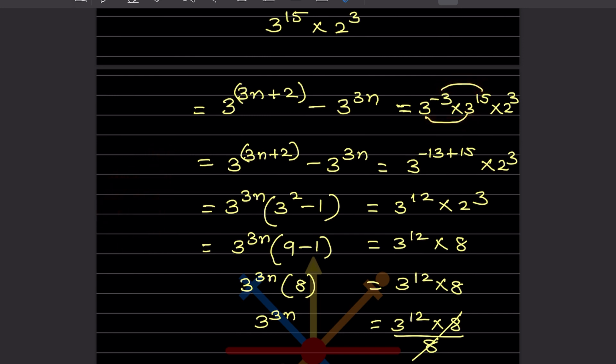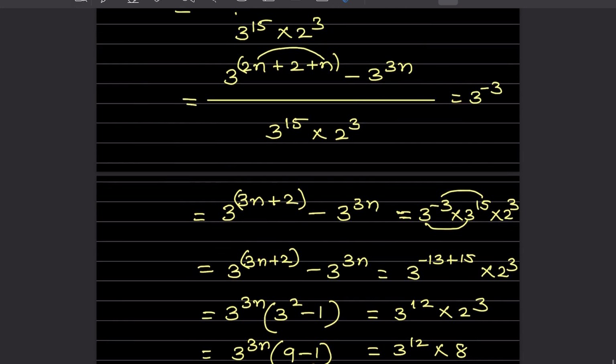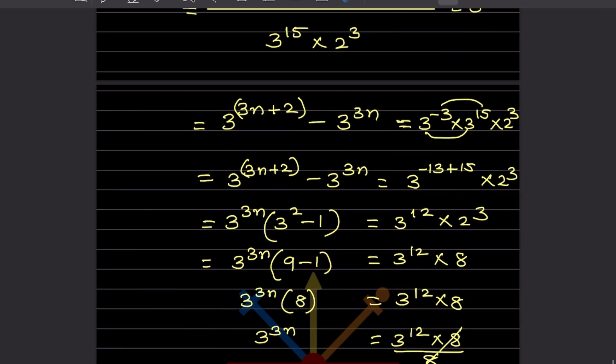I'll just write it again. That will be 3 raised to minus 3 plus 15. Sorry for that.